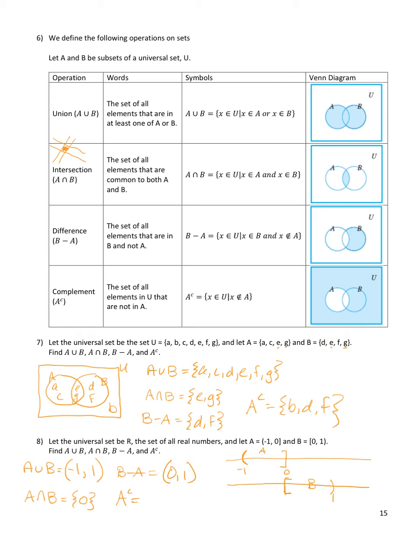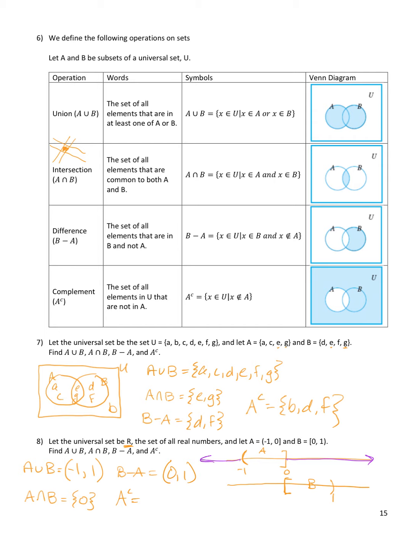And then A complement is the universal set, which they told us in this case was the real numbers, the whole real number line, minus anything that's in A. Okay, so A complement is the set of all x's in the reals such that x is not an element of A. So let's see, that would be everything out here and out here.